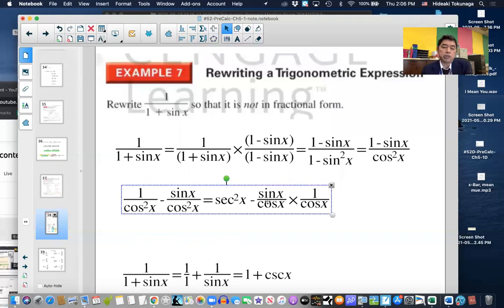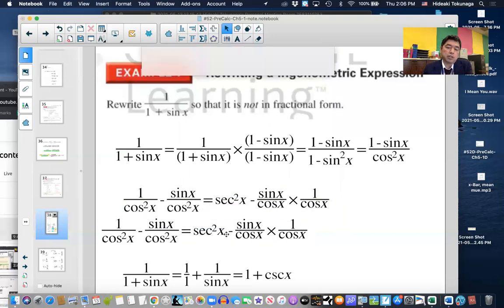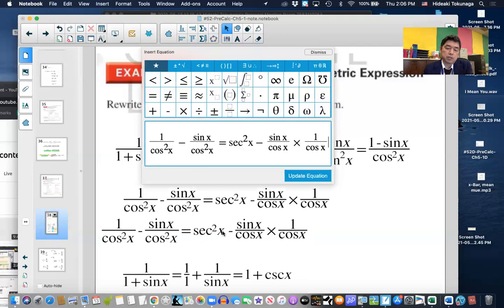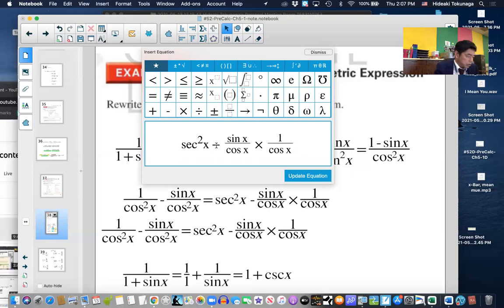So I will use this equation. Okay, so this is the equation we reached. Now maybe you can write down this one first. The first one is as it is because there's no fraction.